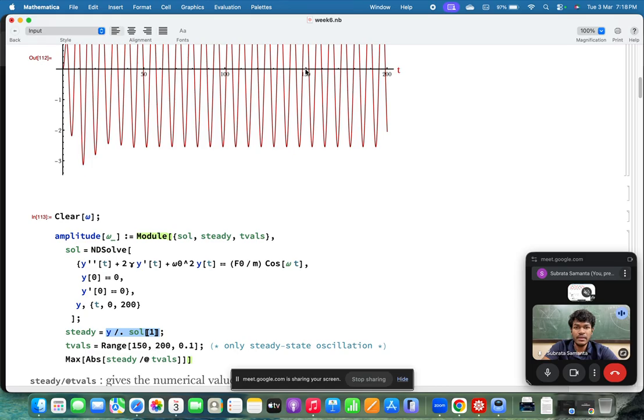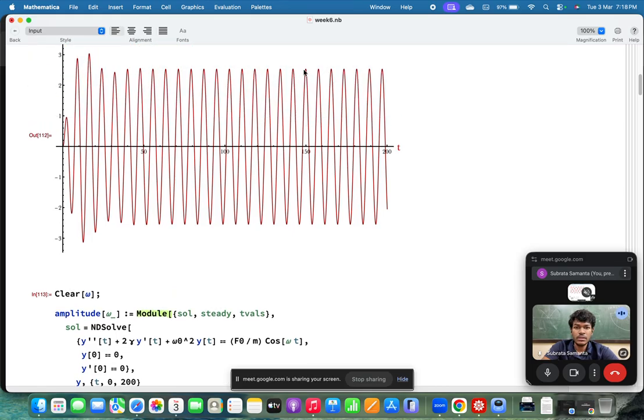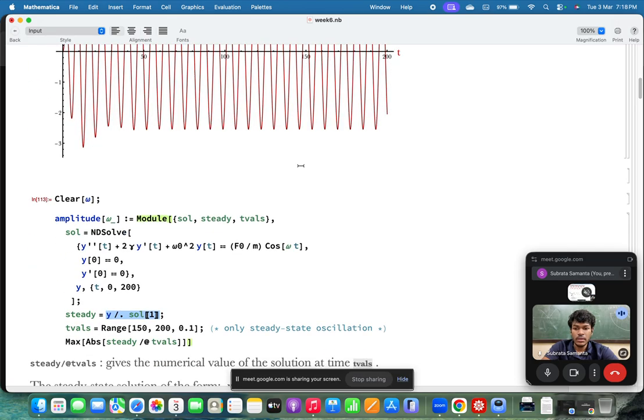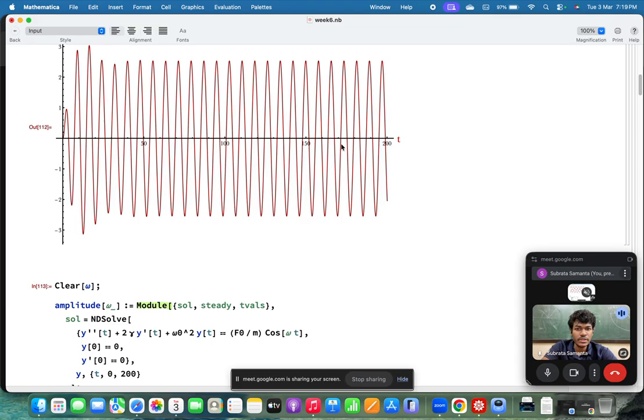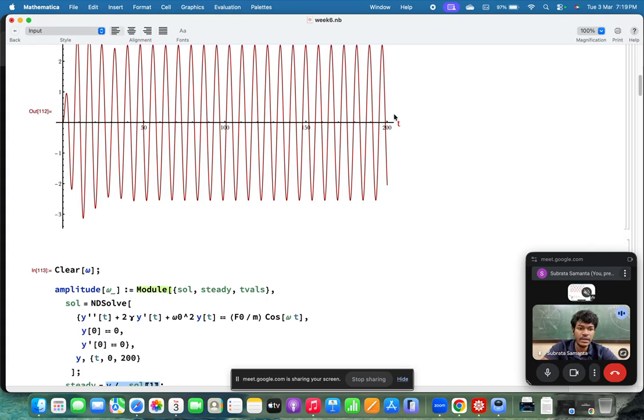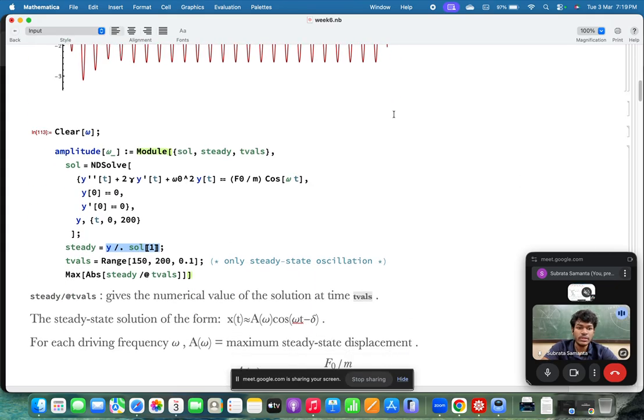If you see from this, your steady state is around 150 to 200, so I choose t values from 150 to 200 with a step of 0.1. I want to calculate the amplitude of these oscillations in this range, because here the amplitude is almost constant. So I choose the region where I know that steady state occurs.